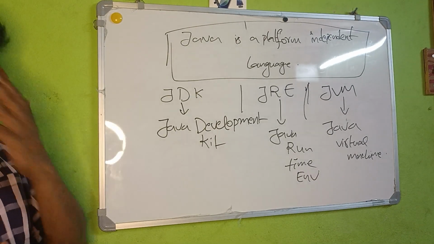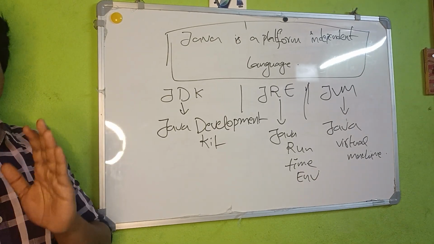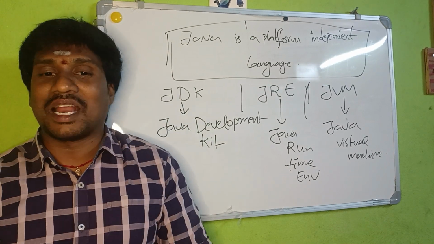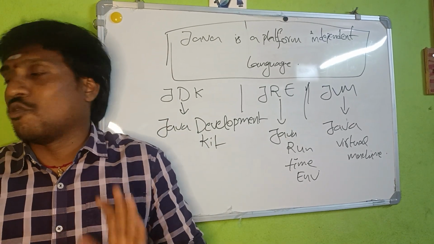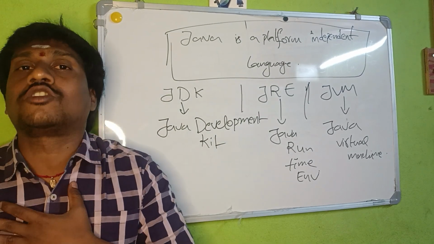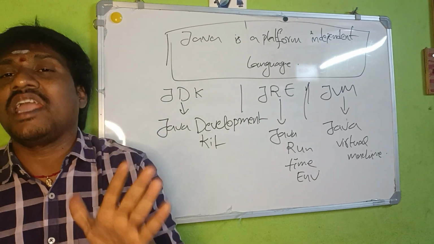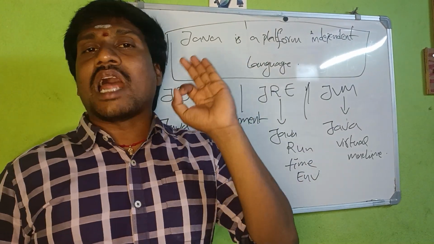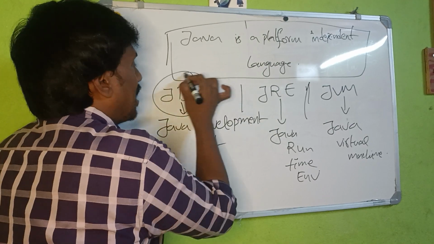Suppose I brought a new system and I want to work with the Java programming language. If I purchase a new laptop, then first of all, to write a Java program, the main need is that we need to download and install JDK.